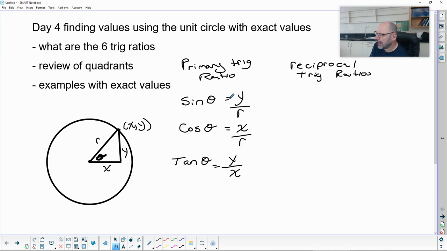So with sine, we have cosecant, and it's basically the reciprocal of sine. It's r over y.